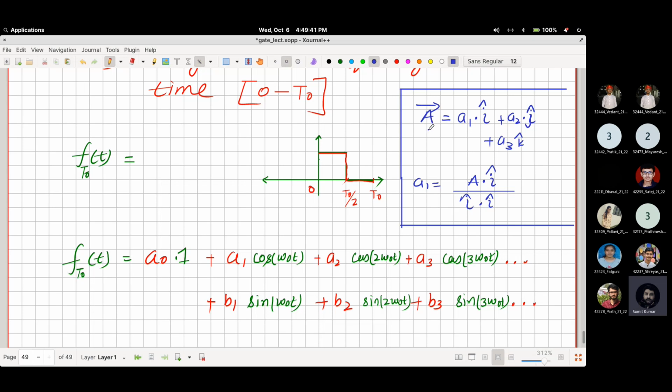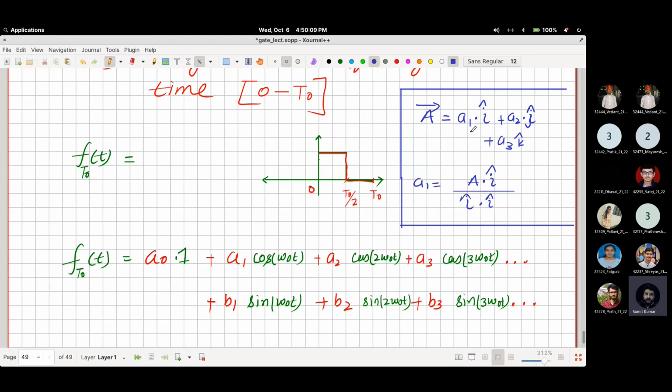If we take the dot product of a with i on both sides, what will we get? We will get a1, are you getting my point? a dot i, and on this side if you take the dot product, j dot i will be 0, k dot i will be 0. So you will be left with a1 times i. It's not a dot actually, it's just a scalar.